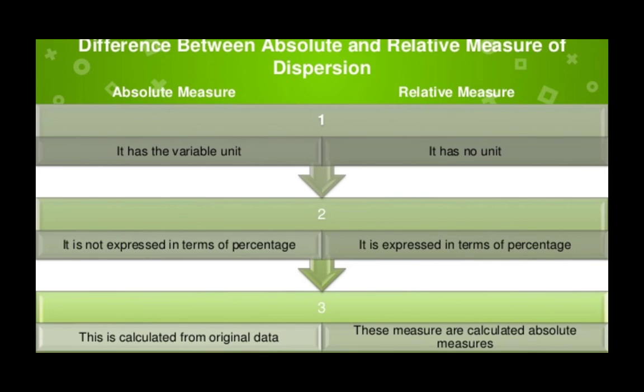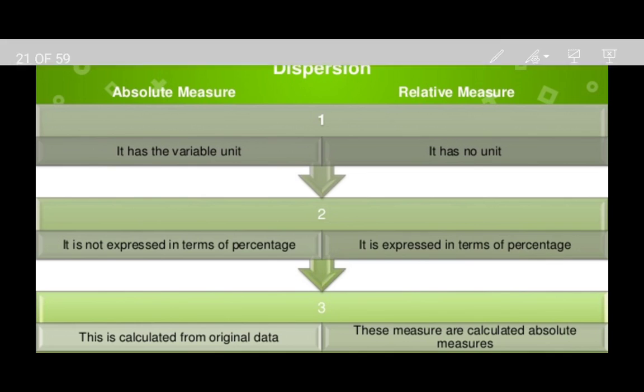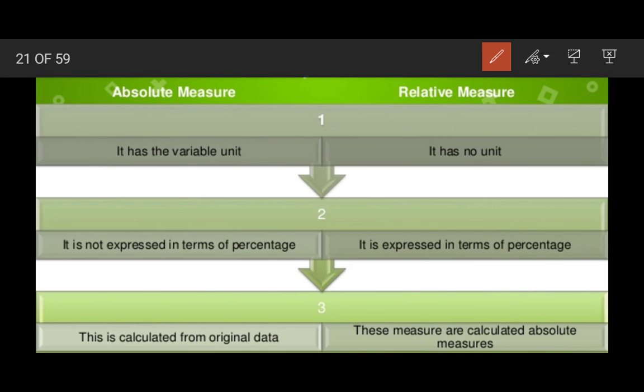Now once again see the difference between absolute and relative measures of dispersion. As I told you, absolute measure has a variable unit, and in relative measure there is no unit. Absolute measure depends on the unit.